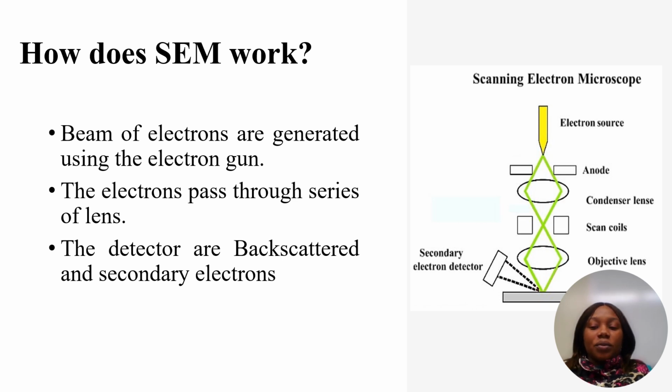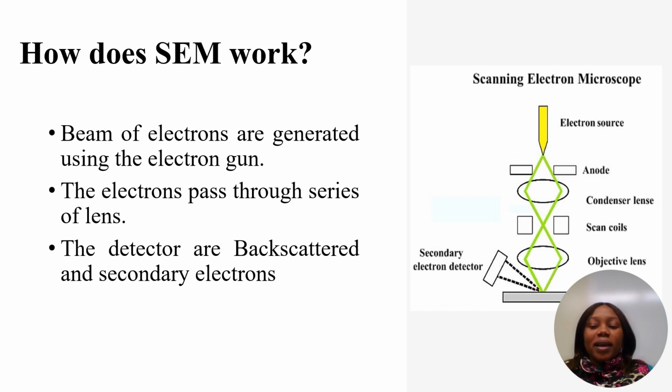Then it goes through the scanning coil, which helps to raster the beam onto the sample, and then through the objective lens, which focuses the beam onto the sample.